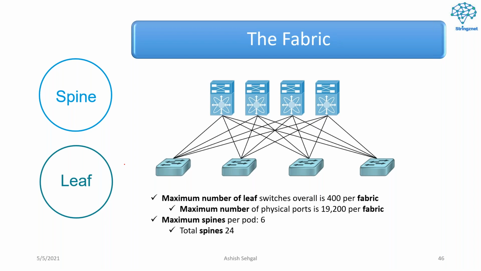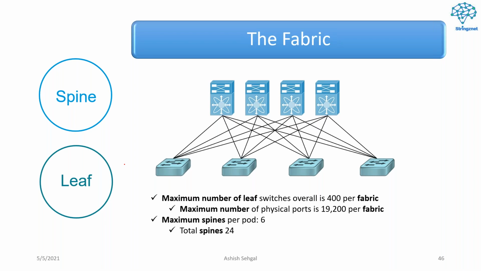Based on the progress in the version of the controller, the number of leaf and spine switches has increased. So this number of leaf and spine switches is not fixed. This is based on the controller version. So in case Cisco upgrades the version, more leaf and spine switches could be added.